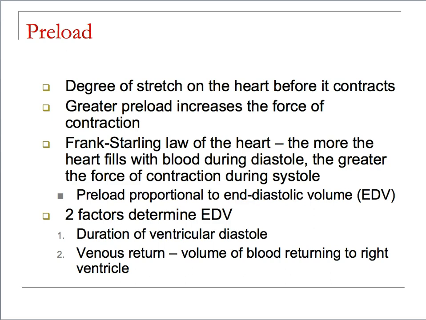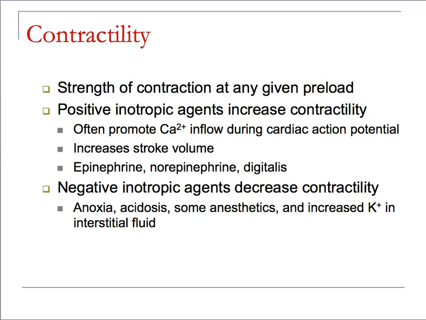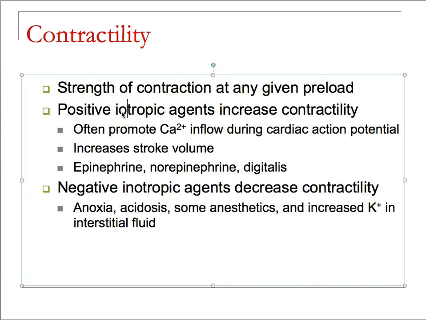There are 2 factors responsible for this: the duration of ventricular diastole and the venous return, blood returning to the right ventricle. Now, contractility, of course, is the strength of that contraction, and positive inotropic agents increase contractility, meaning anything that's going to increase calcium inflow into the heart.